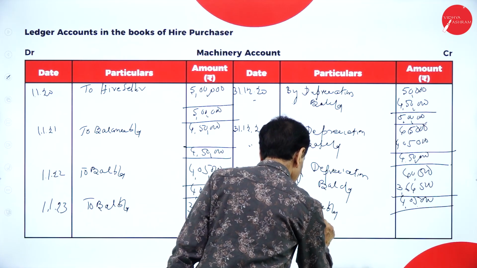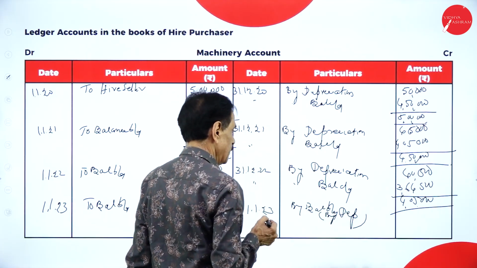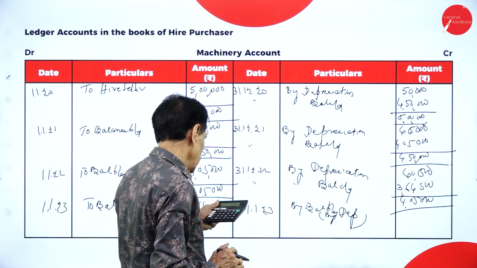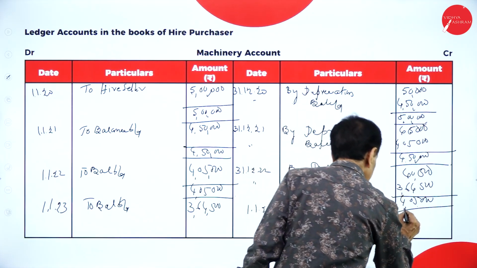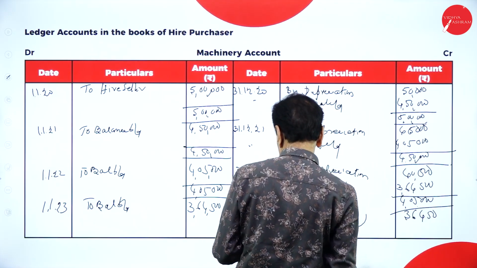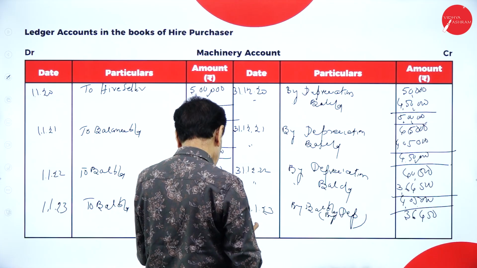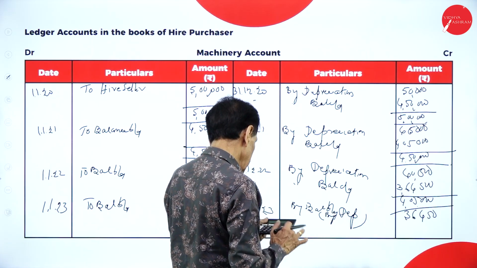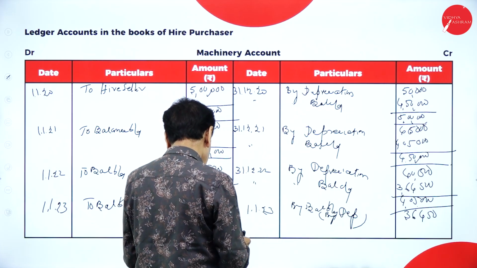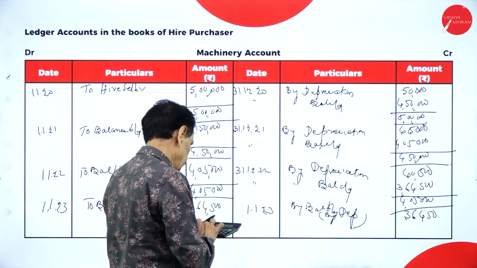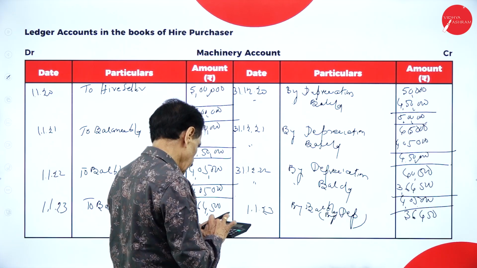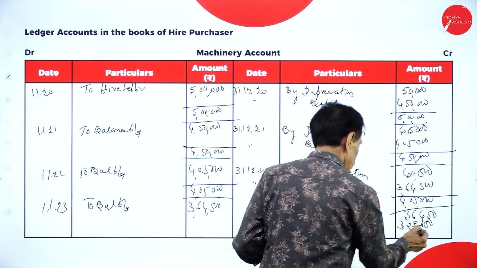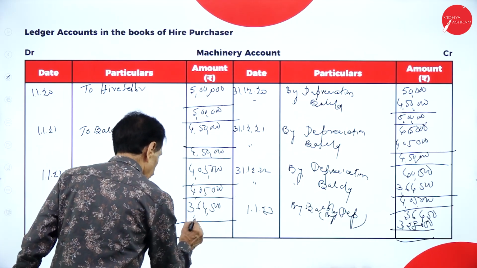By depreciation, 3,64,500 into 10 divided by 100, 36,450. 3,64,500 minus 36,450, 3,28,050. 3,64,500.